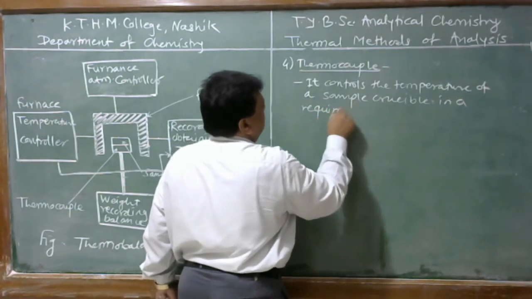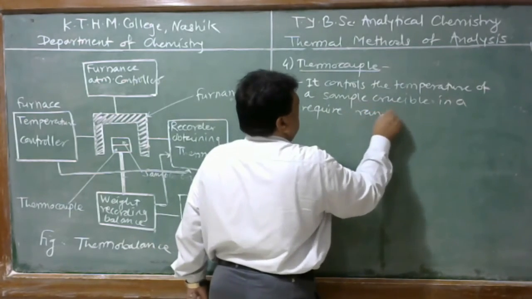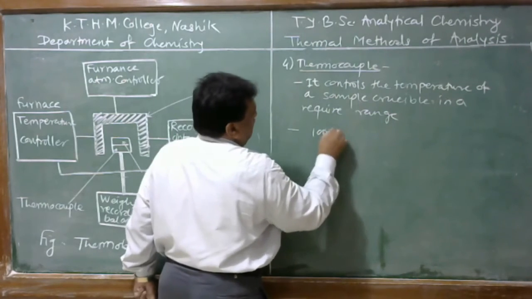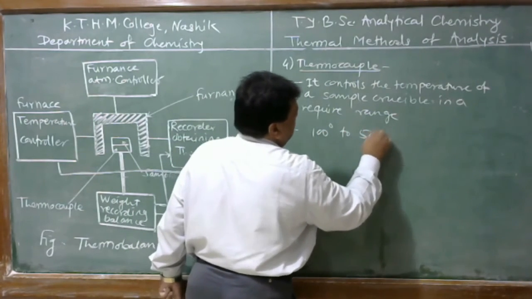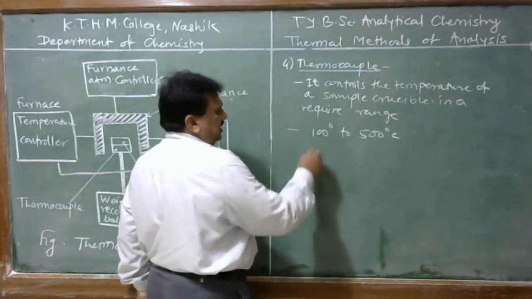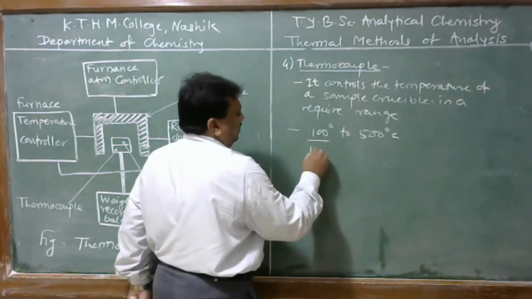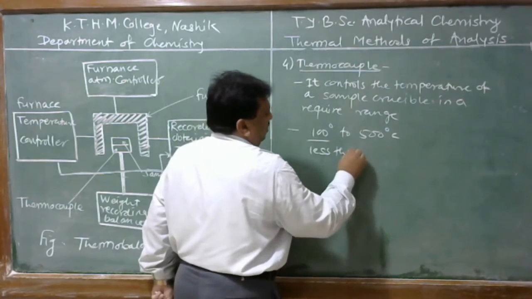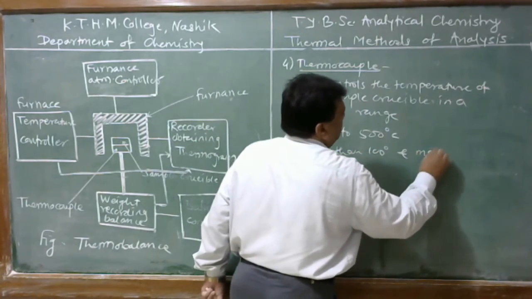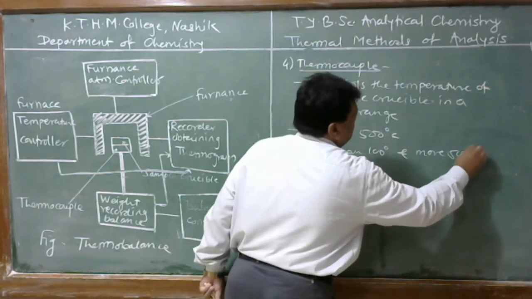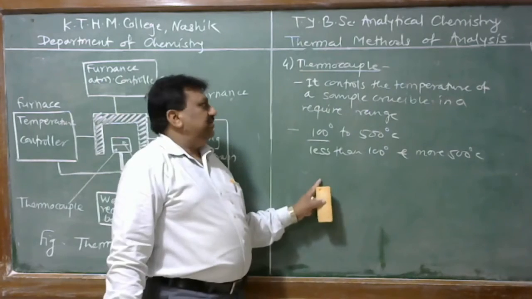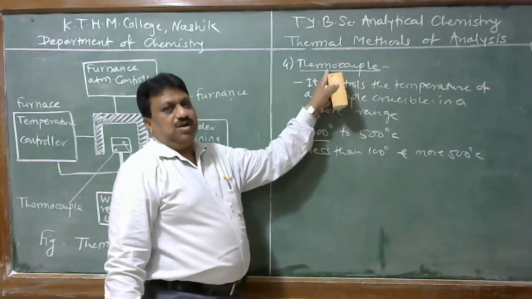In a required range means, if we select a temperature range, for example 100 degree to 500 degree centigrade, then the thermocouple does not let the temperature go less than 100 degree or more than 500 degree centigrade. That temperature control is done by this device, called a thermocouple.